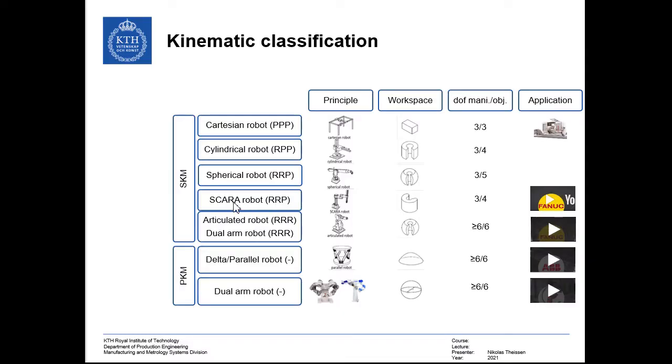So the SCARA robot is the last robot for which we will actually find that we can describe it simply by a 3-letter abbreviation because it has 3 actuatable degrees of freedom.